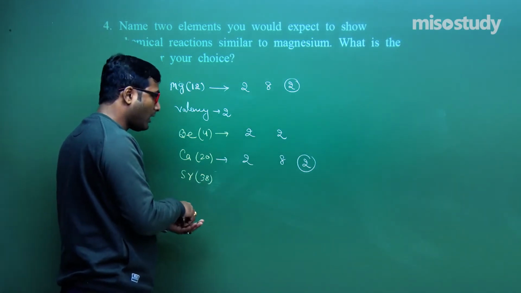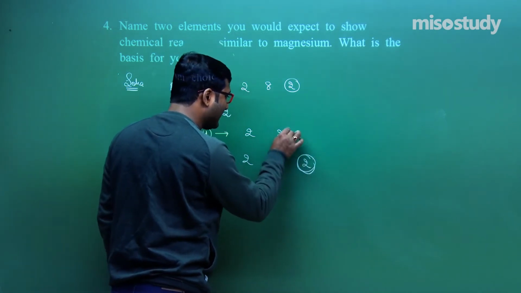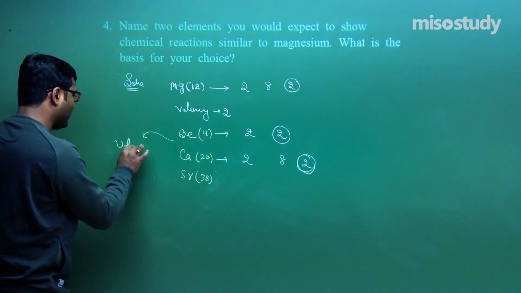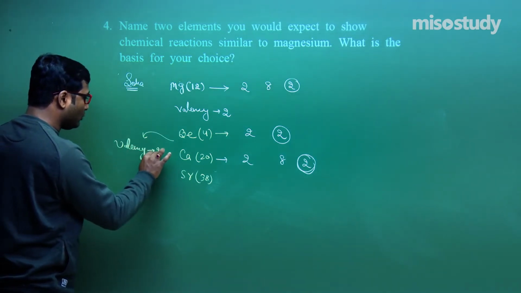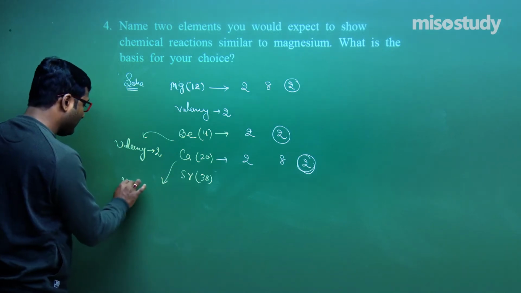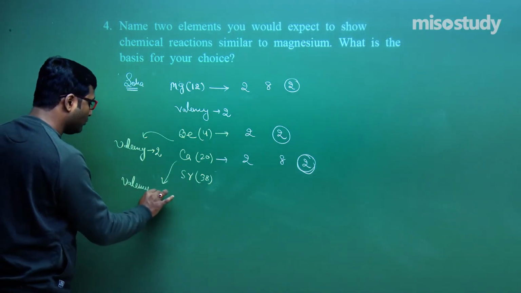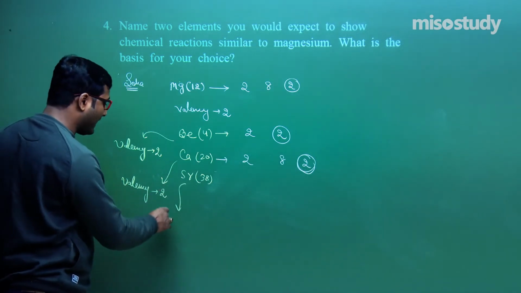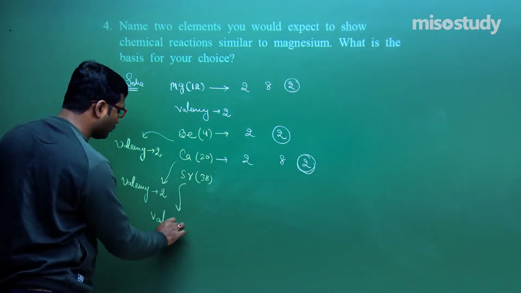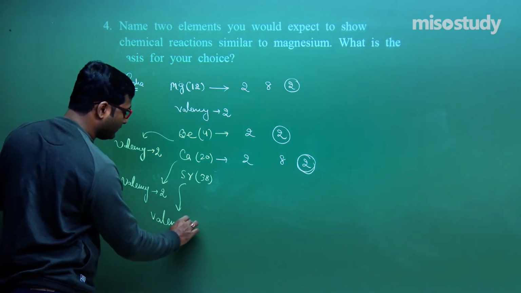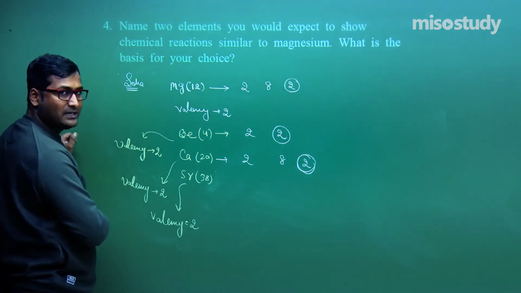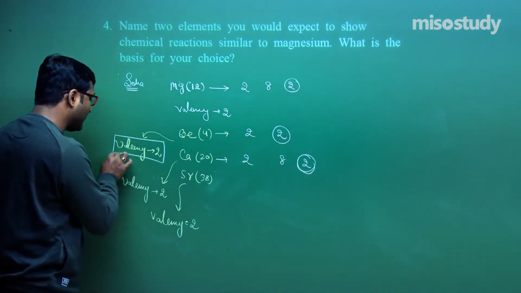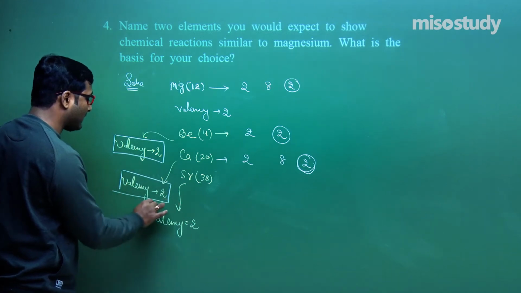Now what do we observe here? In the case of beryllium the valency is also 2. In the case of calcium the valency is also 2. In the case of strontium we find that the valency is also 2. Am I right? Yes, sir. If the valency is the same, they will have similar chemical properties.